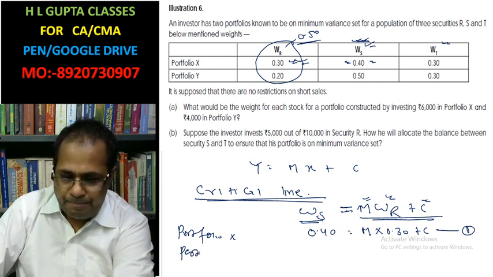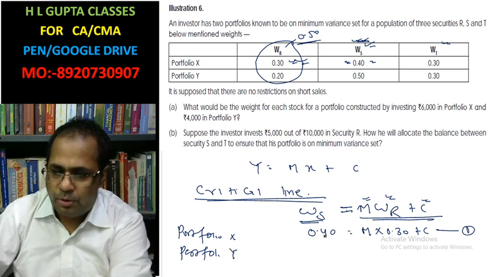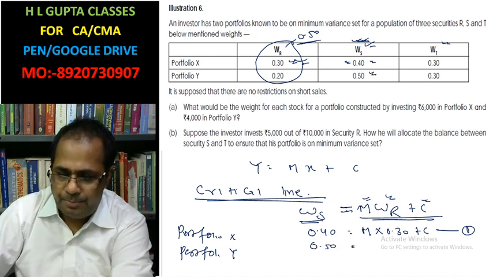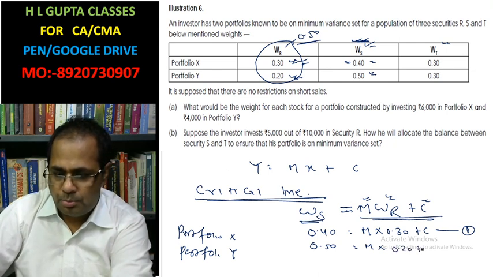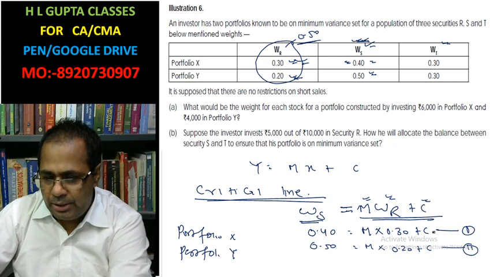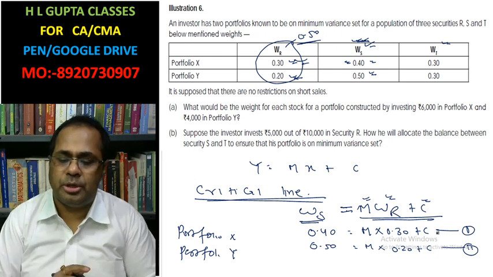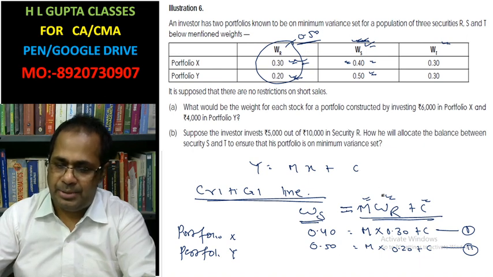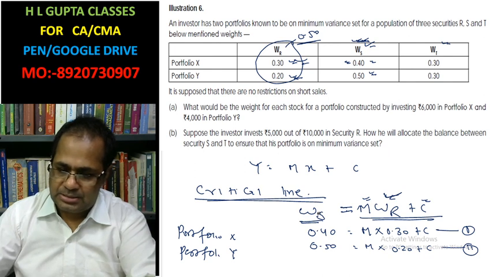Similarly, portfolio Y: the weight of S is 0.5, and the weight of R is 0.20, so 0.5 equals M times 0.20 plus C. Using these two equations and solving them, you can find the values of M and C. After finding M and C, you get one equation.